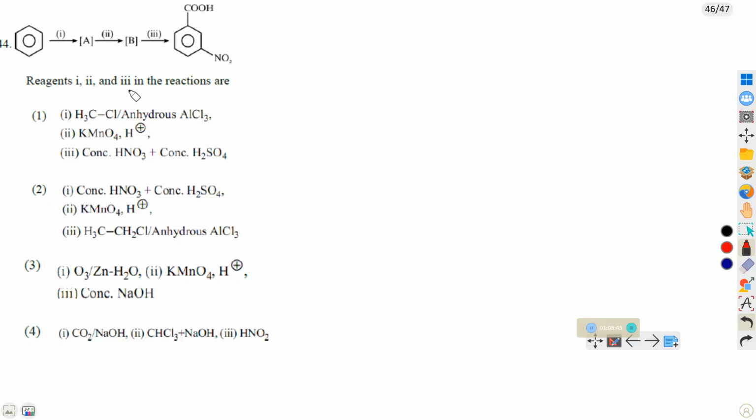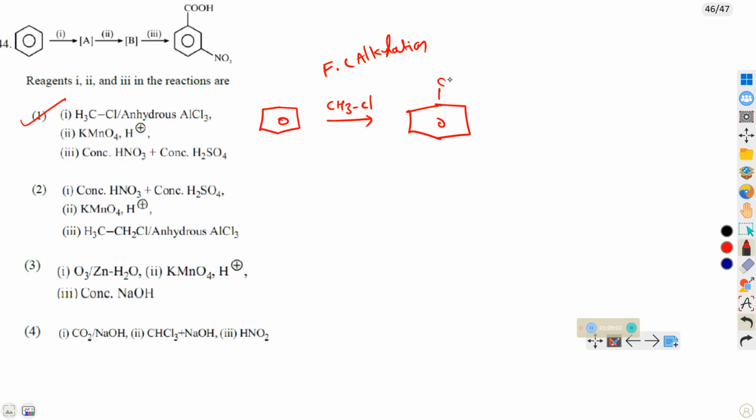Reagents 1, 2, 3 are first option. Benzene undergoes Friedel-Crafts alkylation. Then it gives alkyl benzene. Alkyl benzene reacts with KMnO4/H+. Side chain oxidation takes place.